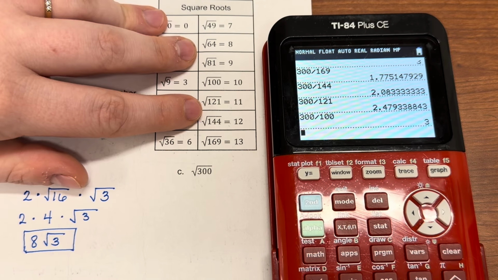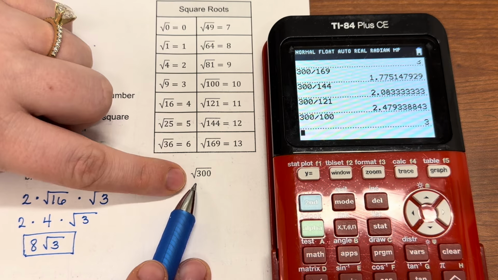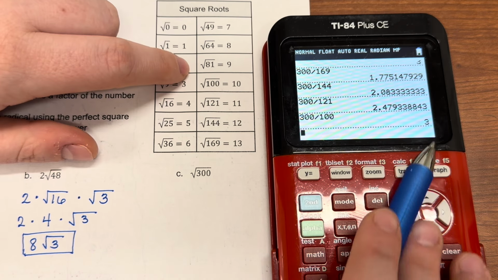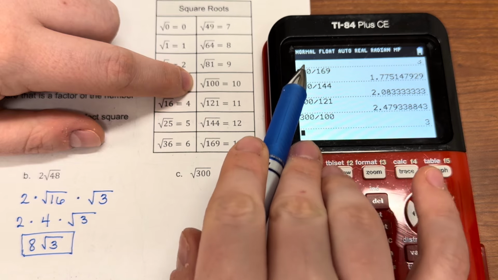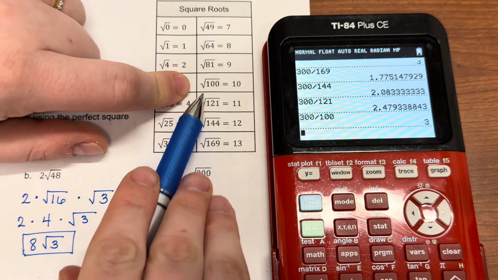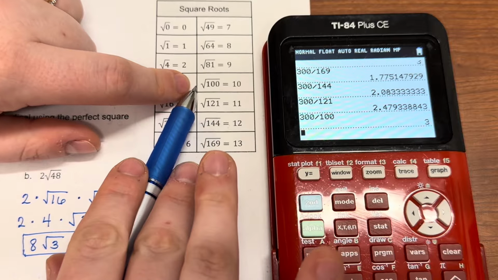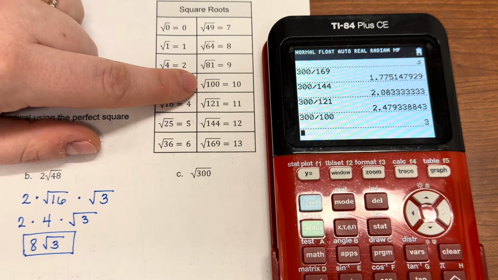Now, if you immediately looked at this and said, oh, I know what that one is, I need to divide by 100, go ahead and do that. You don't have to do this whole process every time. I'm just showing that if you do, you end up in the same place as if you are one of those people that has already built the intuition around looking at a number and telling what the perfect square inside is.